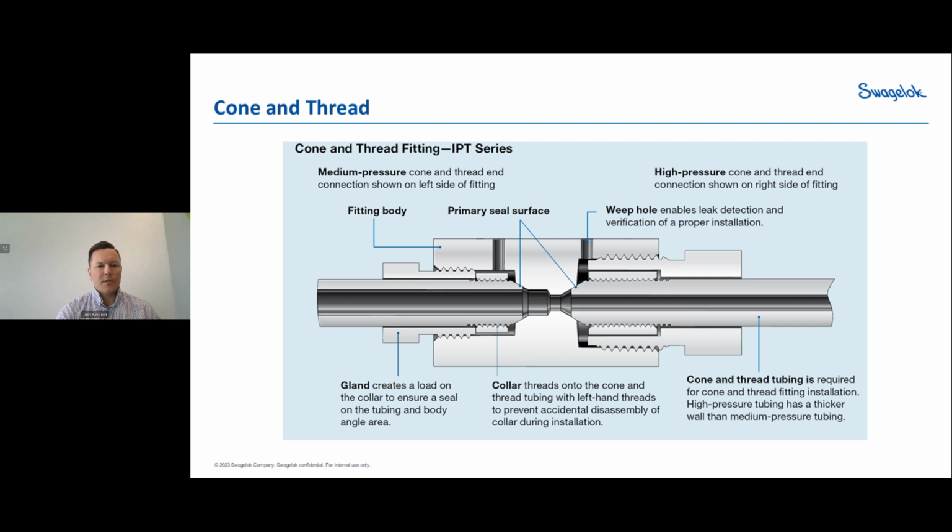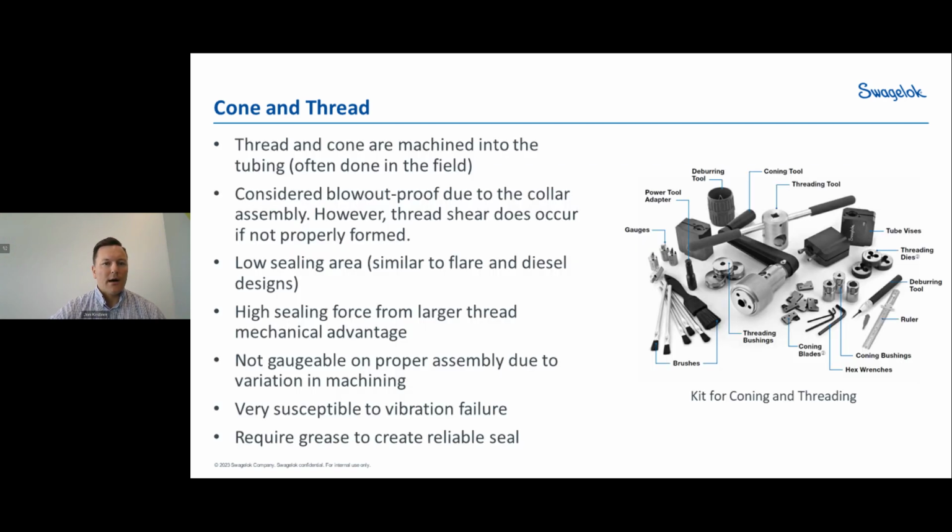So it's a relatively complex connection of parts, but it gives you that same interference of two metal parts, which gives the short sealing length and high sealing force, even higher than the diesel or traditional flares, which enables these to perform at very, very high pressures.